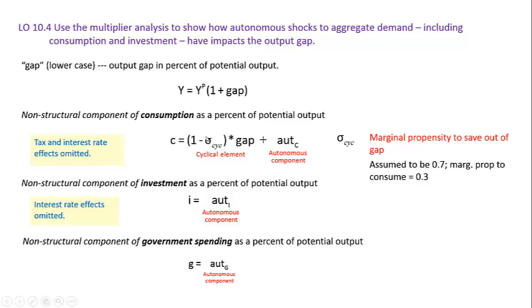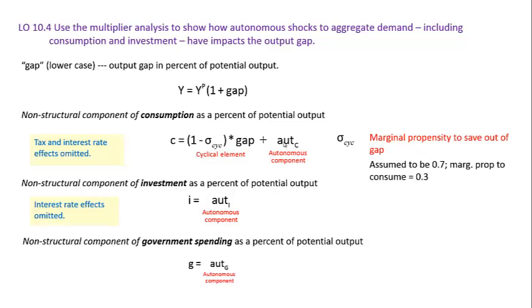So this is the cyclical element, and it's telling us that we take the gap and multiply it by 1 minus the marginal propensity to save out of the gap. But we also remembered that households often build into their plans spending in response to some economic events or some elements that are not in our model.